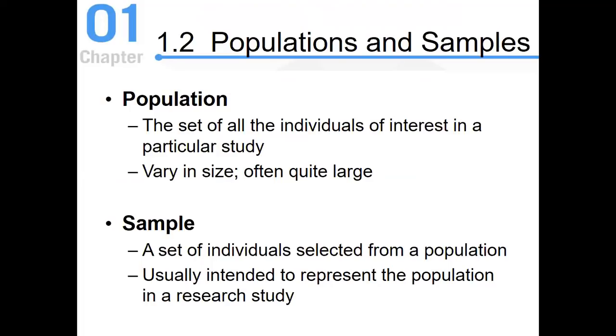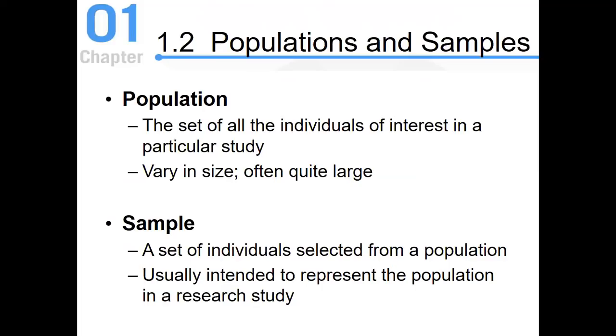A really important distinction for us to make upfront in the course is the difference between populations and samples. When we talk about a population in a research context, let's just use psychology, we're talking about all of the individuals that we're interested in.